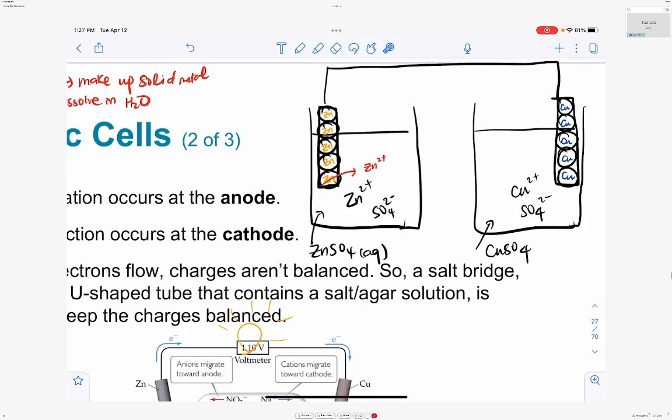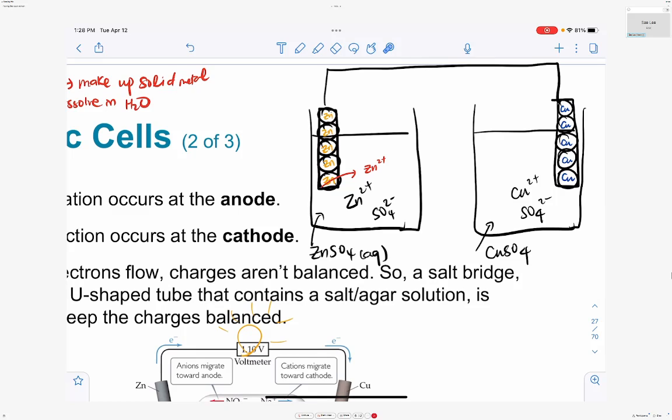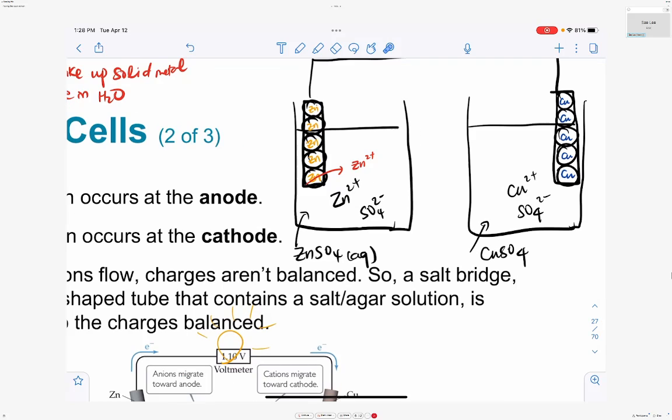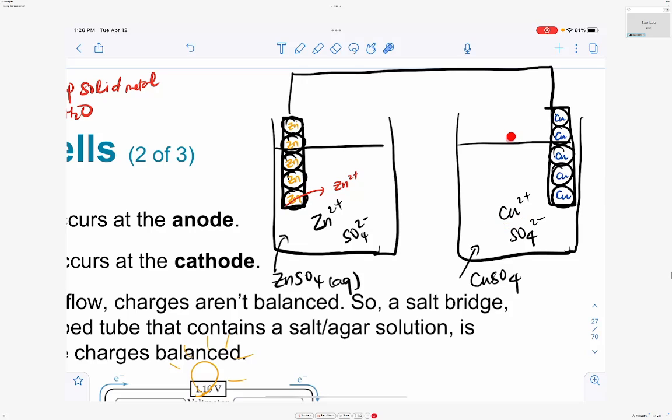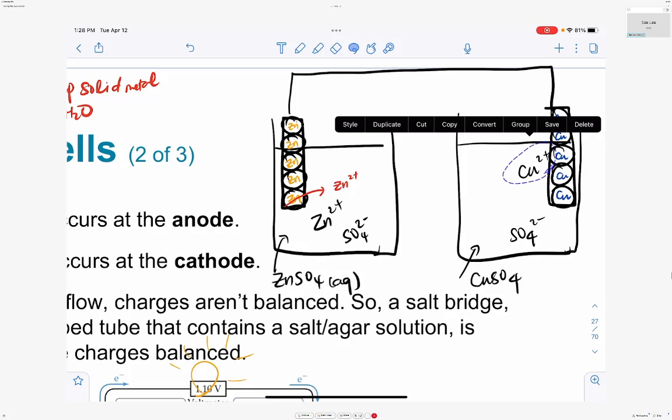Okay. Let's take a look at the right beaker, the beaker with copper. What happens is the copper 2+ that's floating around in the system will come close to this copper metal and eat up the electrons passed from the zinc side.